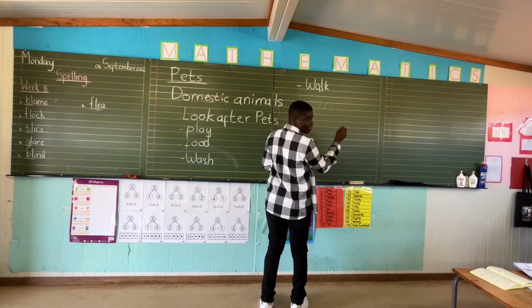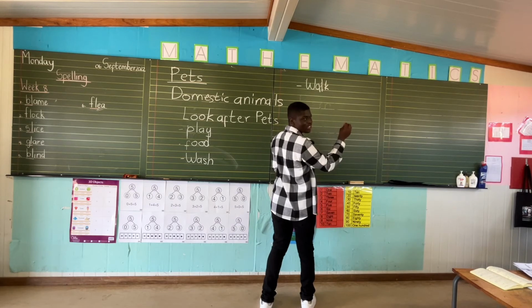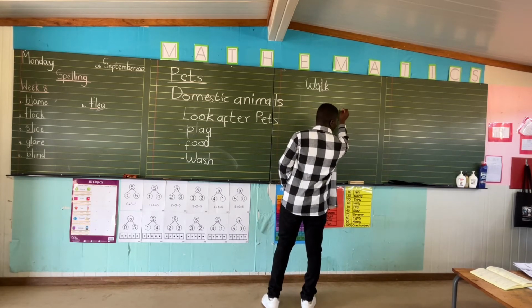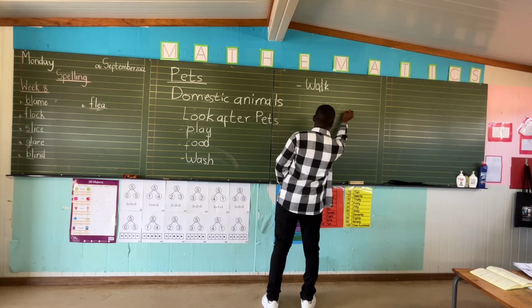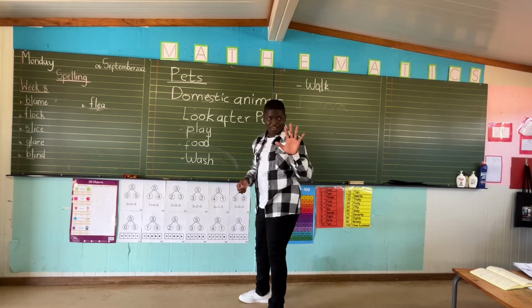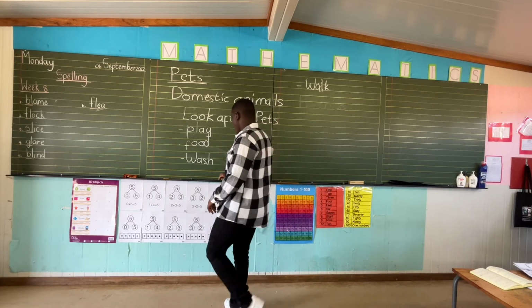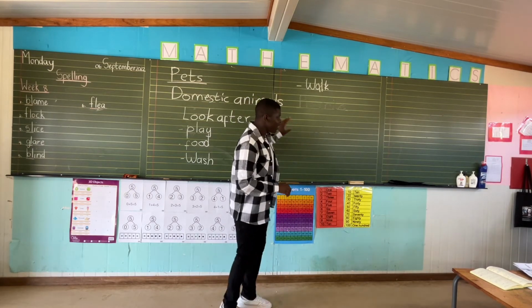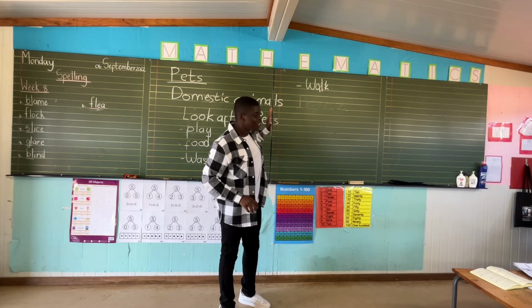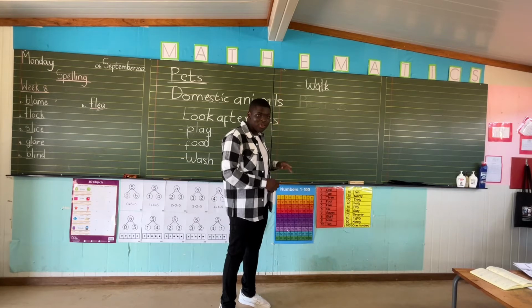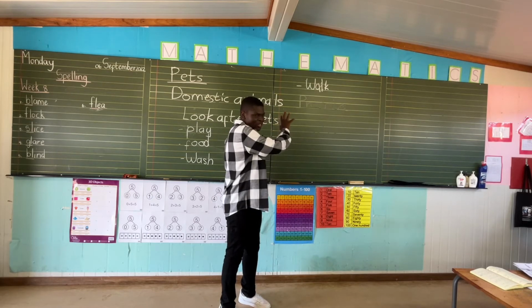Let's say promises. We have 5 promises, and this is what you need to stick to in order to have a happy pet. If you want to have a happy pet, stick to this.